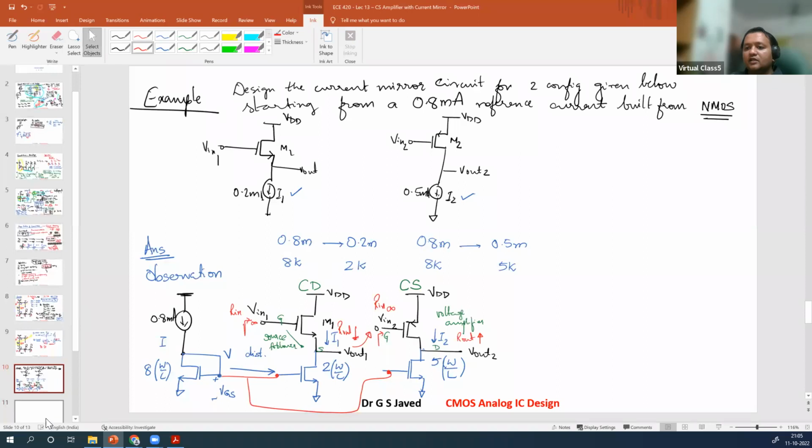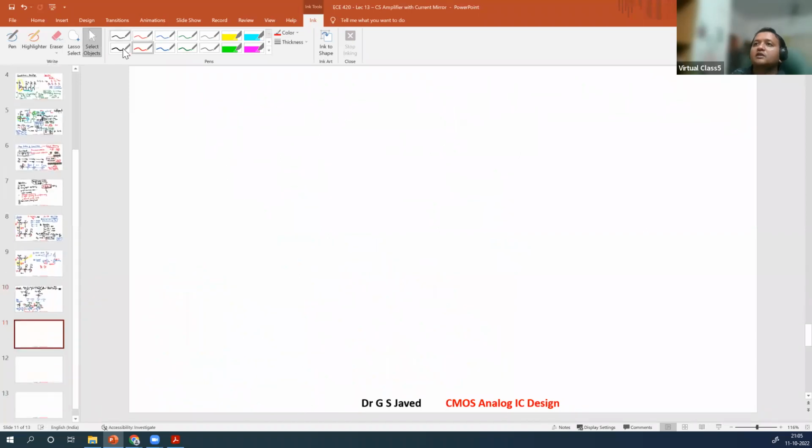Like that, now if you can give cascode, for example, you have a common gate device, which is now followed by a common source device. So what is a common source?